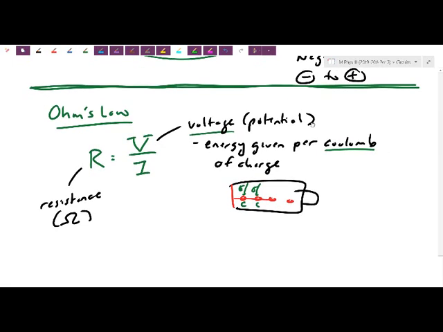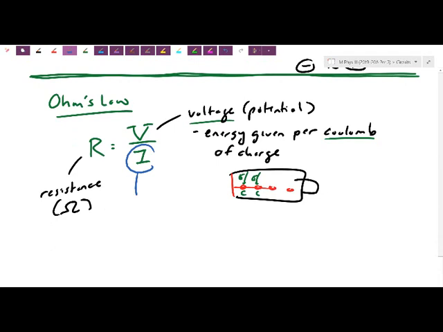So in this case, current, technically, again, this is conventional current. This is your I. Current is a measure of charge that passes per second. So if you want a formula for that, the current is equal to Q divided by the time, where Q is charge.